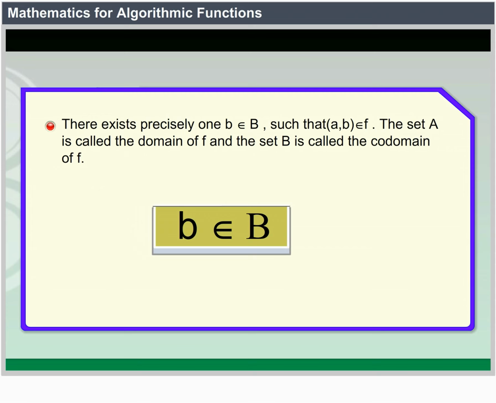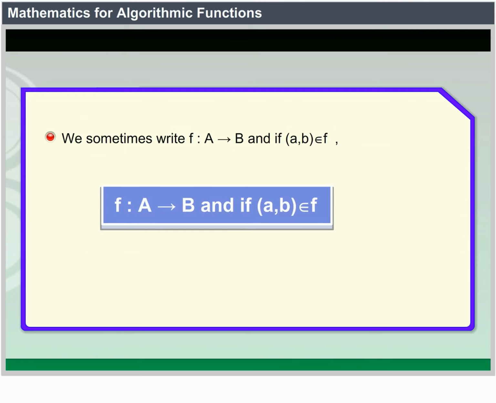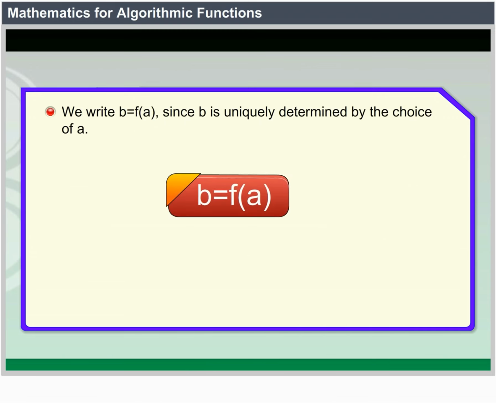The set A is called the domain of f and the set B is called the codomain of f. We sometimes write f: A implies B, and if (a, b) belongs to f, we write b is equal to f of a, since b is uniquely determined by the choice of a.